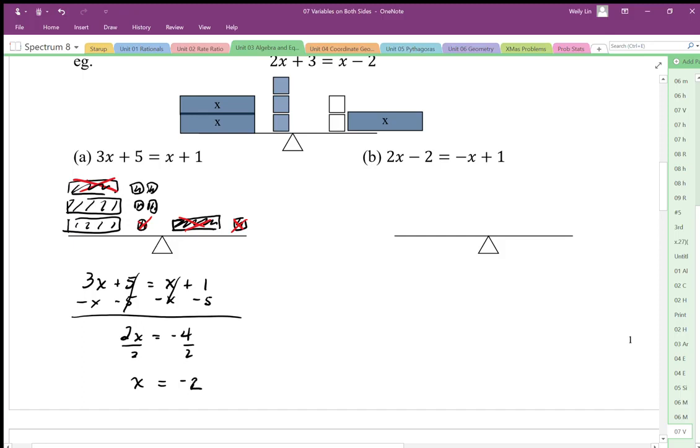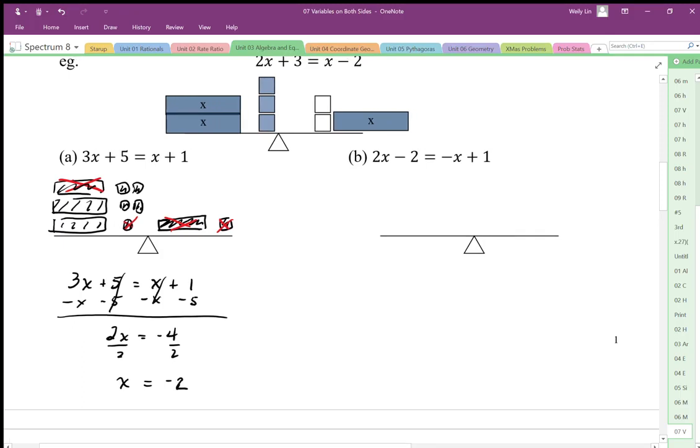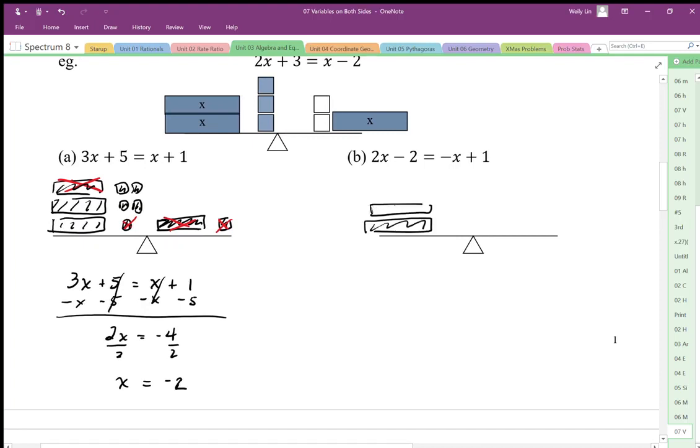So here we want to draw our algebra tile model. So 2 x's. And I'm not really too concerned if you make the positives shaded or the negatives white or the other way around. As long as you're consistent, as long as you're not mixing things up, that's perfectly fine.